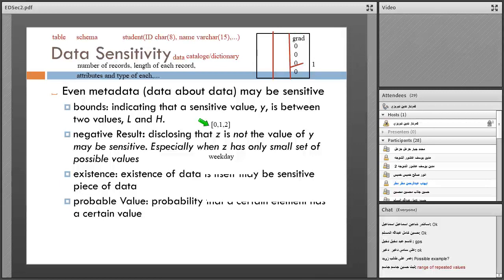So the set is very small, and for one student, I know that this field is not 0. So I can conclude that it must be 1, for example, or 2. It means that you can find some information that you don't know or don't have access to, but you can conclude it.